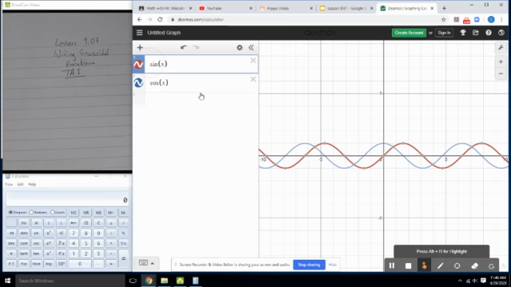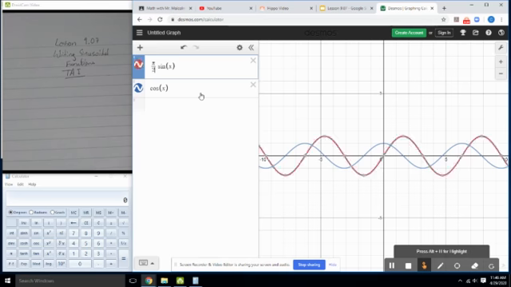If we put this in for A, which is pi over 2, it doesn't quite work.